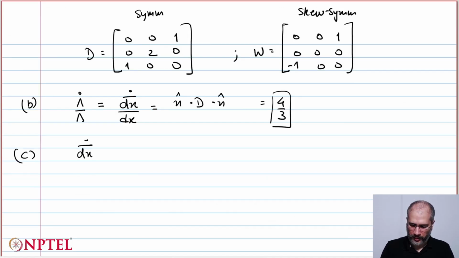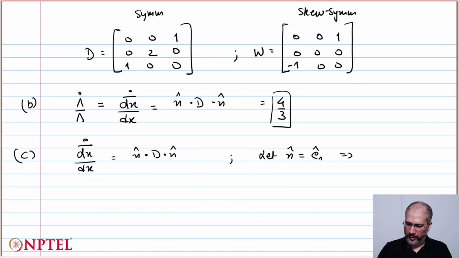Since dx dot upon dx is given as n dot D dot n, if I substitute, let us say, n hat equal to E1, then I get the dx dot upon dx along the element in the E1 hat direction, which is the diagonal component D11 of the rate of deformation tensor.